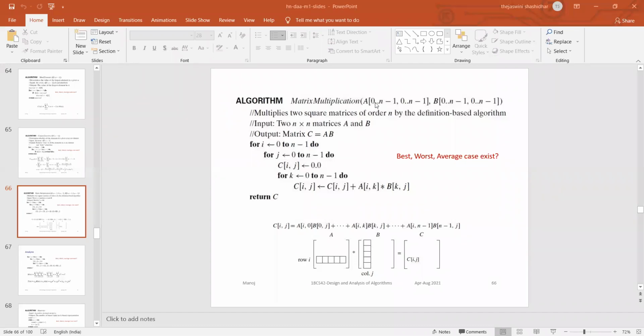We need two matrices, A and B. Inside A, it is a two-dimensional matrix: 0 to n minus 1 we call the row, and 0 to n minus 1 we call the column. For B also, 0 to n minus 1 is the row and 0 to n minus 1 is the column. Okay, so that's the concept.